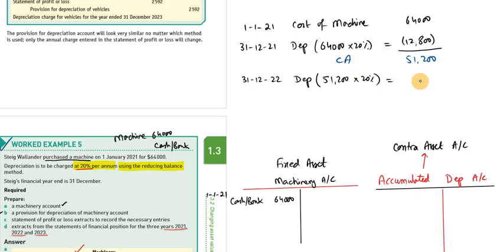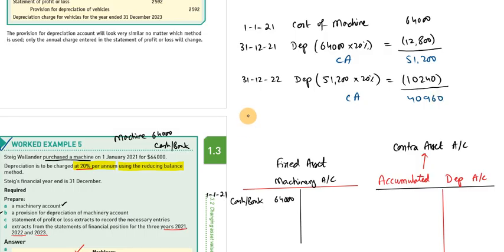So what's the depreciation expense? 10,240. So we again subtract this from the carrying amount, and the carrying amount of the second year will be 40,960.